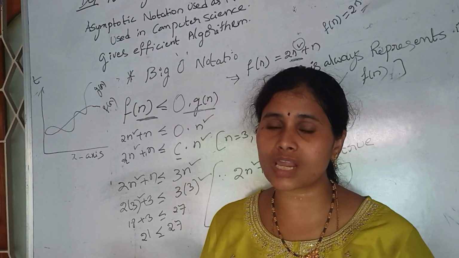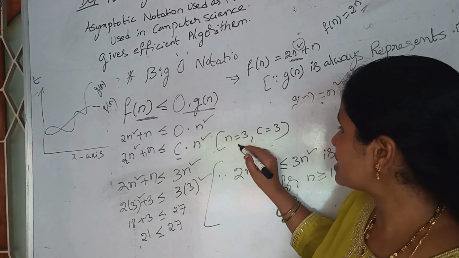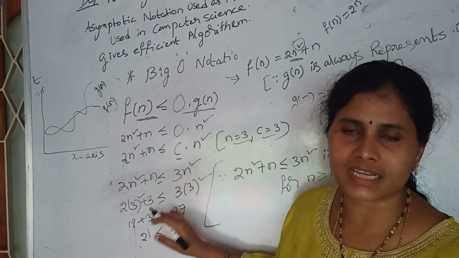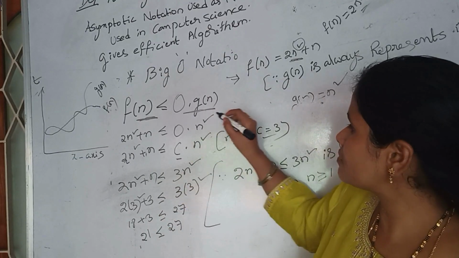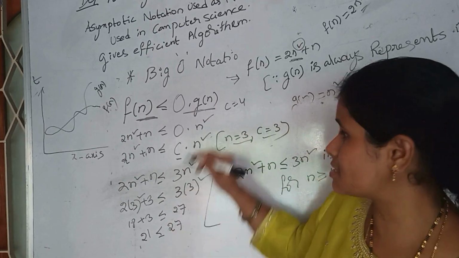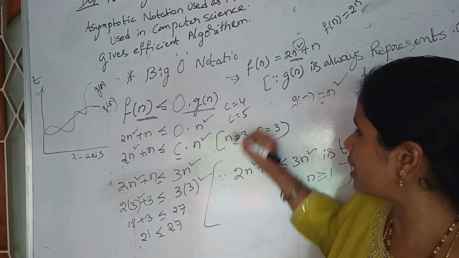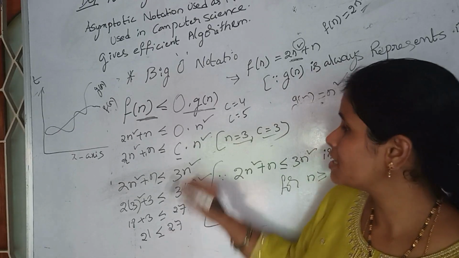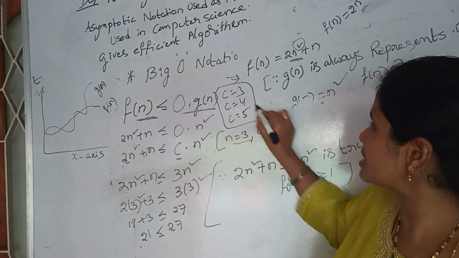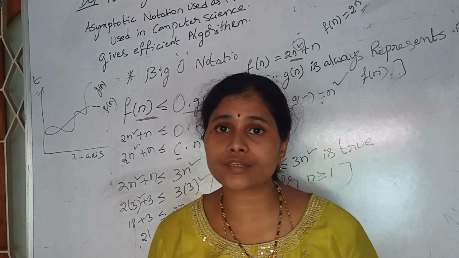And I need to tell one more thing: we took n equal to 3 and C equal to 3 and the condition is satisfied. Suppose I take C equal to 4, the condition is satisfied. If I take C equal to 5, the condition is satisfied. Initially we took C equal to 3. So among these values, which value do I need to take?